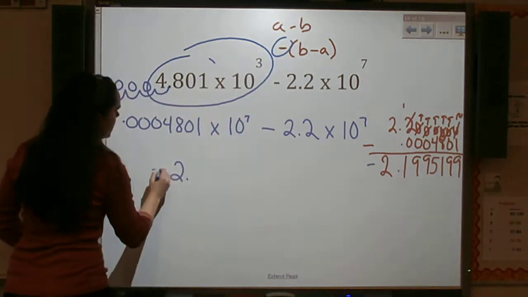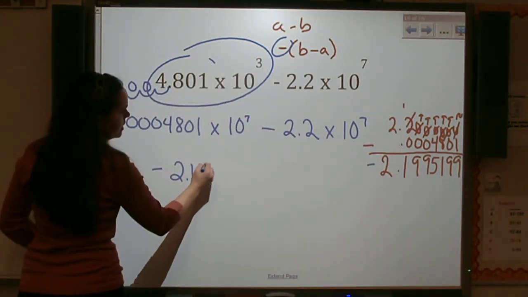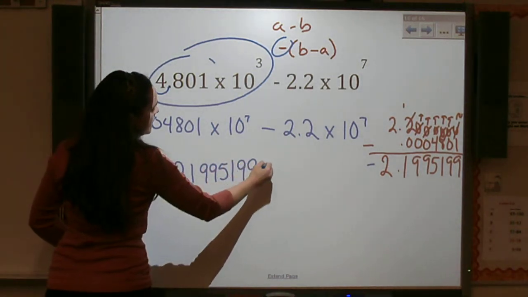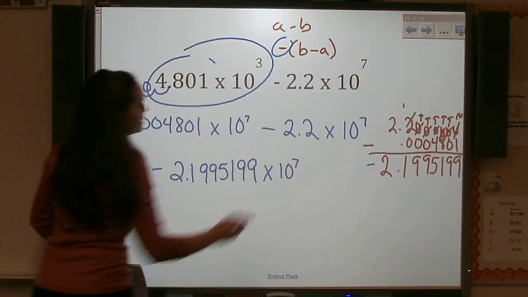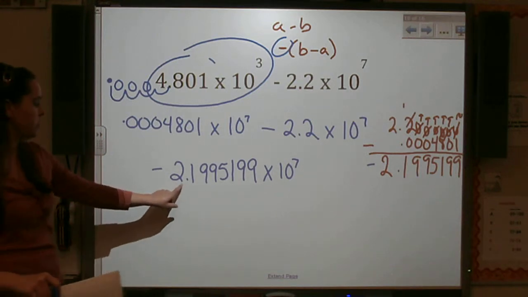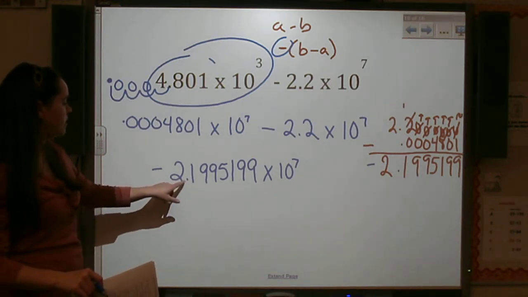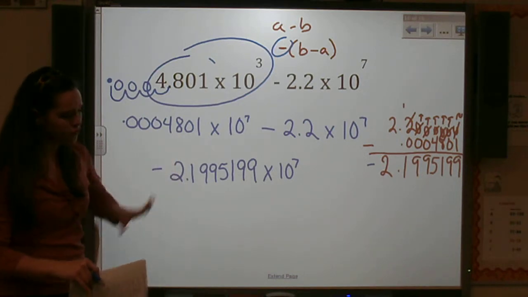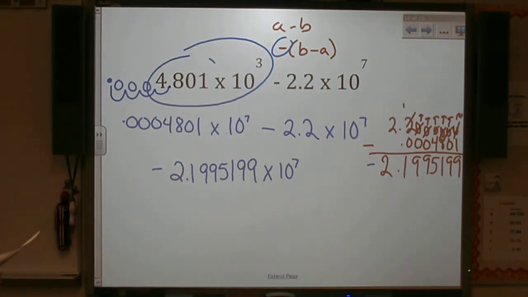So negative 2.1995199 times 10 to the 7th power. Okay? It is in scientific notation. My coefficient, the coefficient 2 is there. Okay? All right.